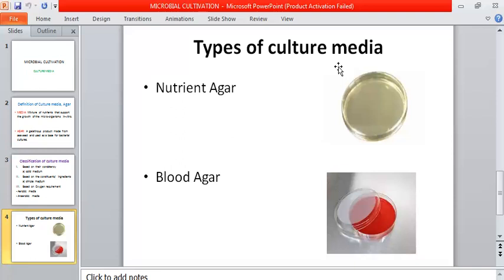This is to specifically aid or promote the growth of microorganisms which thrive well in the presence of blood. And this type of media, blood agar, is normally selective, meaning that it can only promote growth of those bacteria that thrive well in blood and not in its absence.